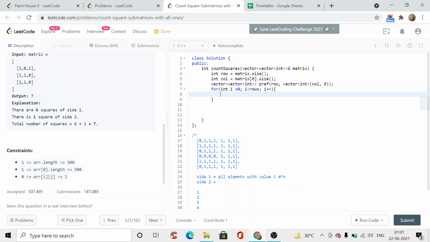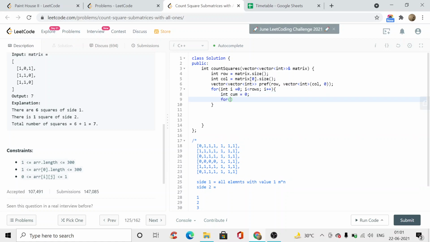So when I'm traversing column wise, I'm going to have a variable cumulative that is going to store what's up till now, the sum. j is equal to 0, j less than columns, j plus plus.